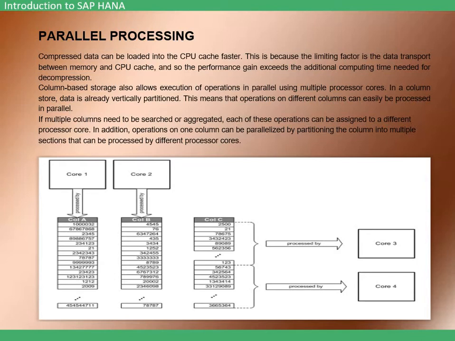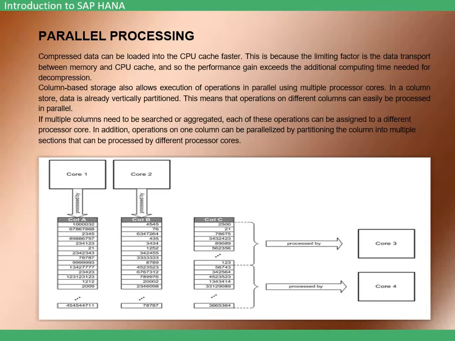It processes the data parallel to the CPU. That is the reason why the data processing capability is faster, utilizing the multi-core CPUs in parallel with a massive data volume which is stored in the CPU cache.